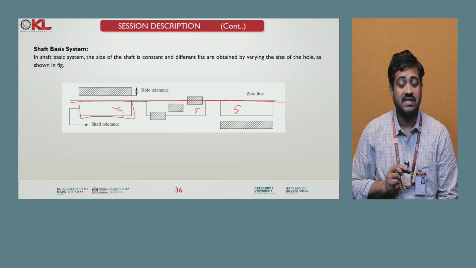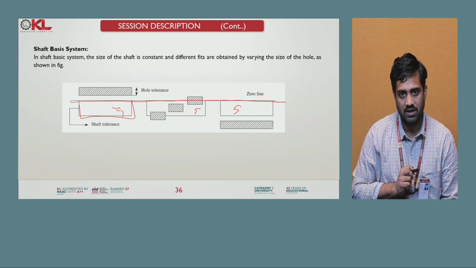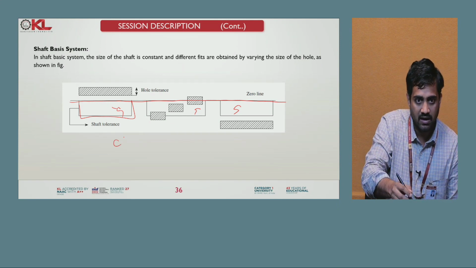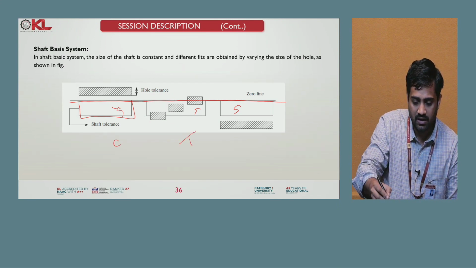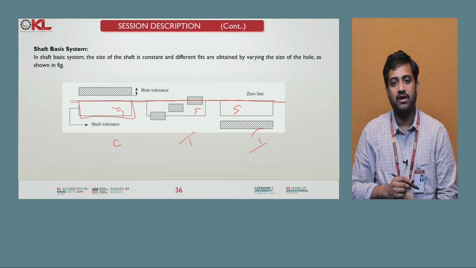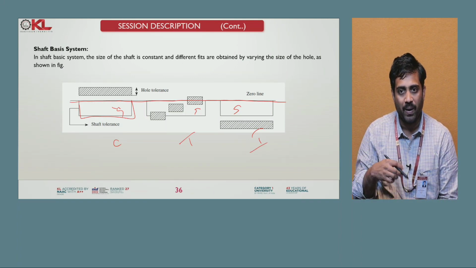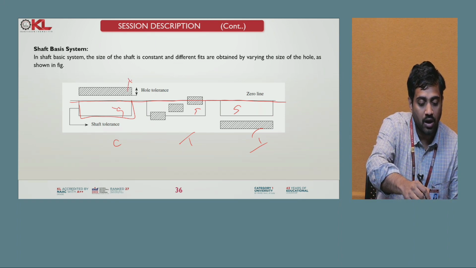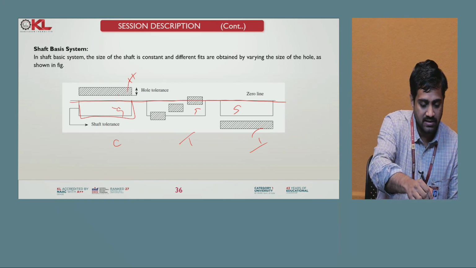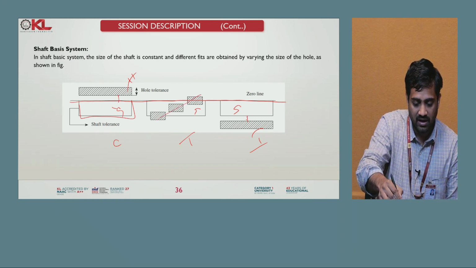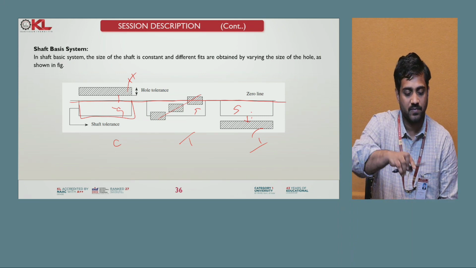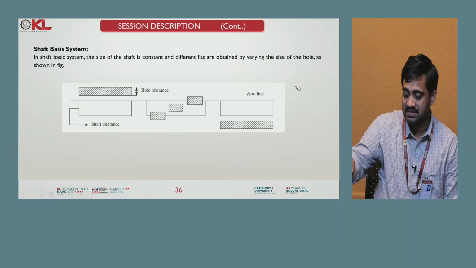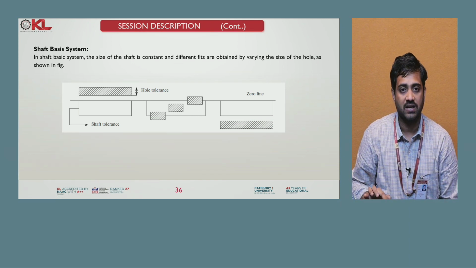Here the size of the shaft is kept constant and three different fits, clearance, transition, interference, are obtained by varying the size of the hole. You see, this is clearance, transition, interference. So like that we have hole and shaft basis systems to get different types of fits.